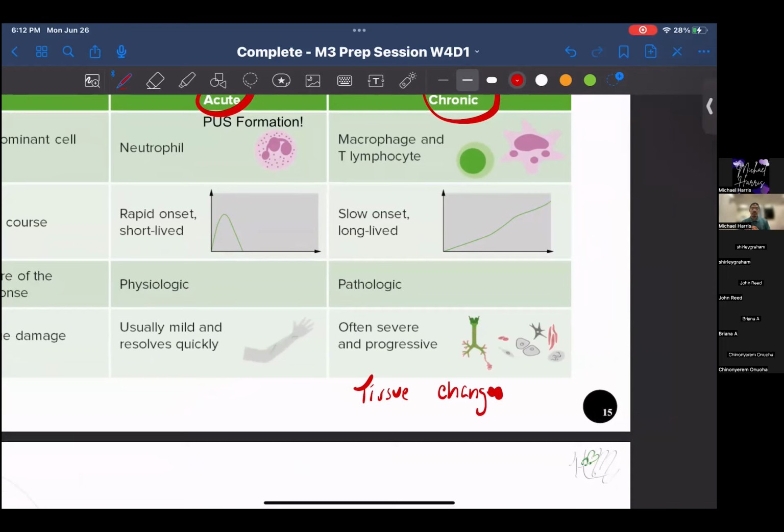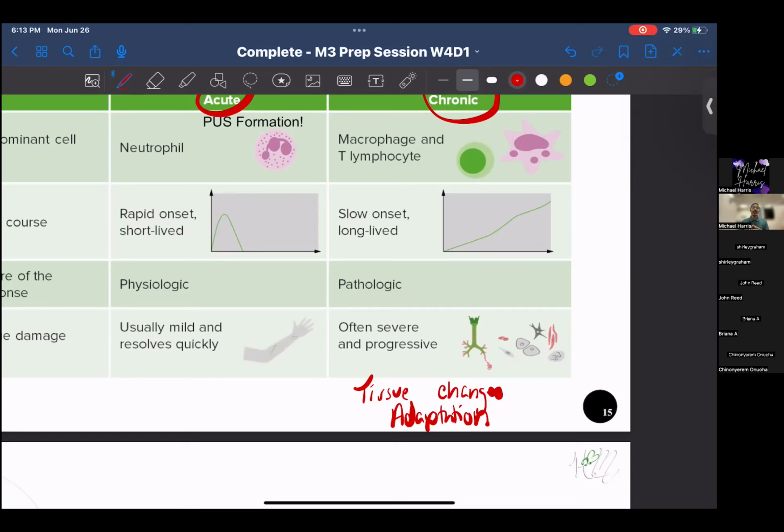Tissue becomes, like, you will end up getting more glands, you'll end up getting hypertrophied tissue. The actual tissue itself starts to change. Tissue adaptation is a good word. Your tissue starts to adapt to this prolonged infection.